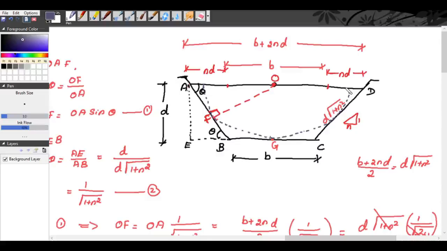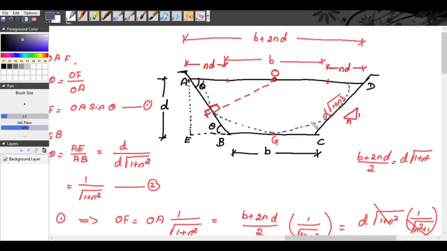That means the semicircle should touch all the three sides of the trapezoidal section. So this is the condition for most economical trapezoidal section.